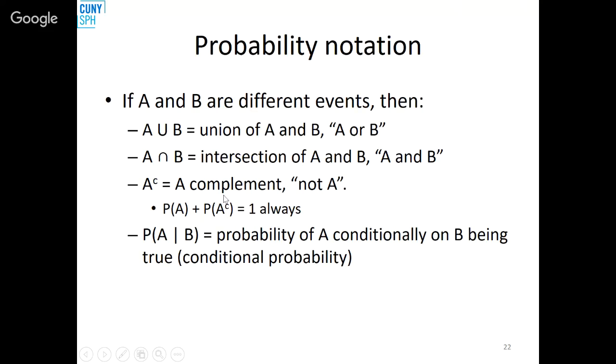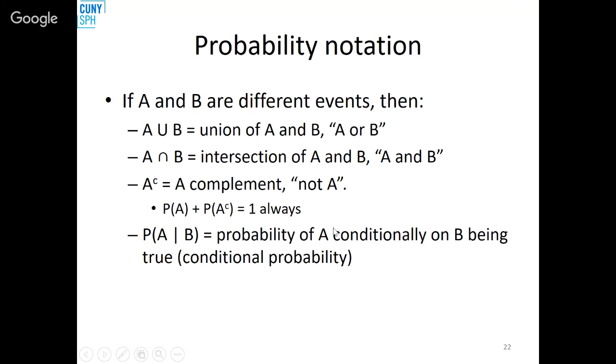And of course, the probability of something happening plus it not happening is always 1. So if you have the probability of something happening, then 1 minus that probability is the probability of it not happening. And finally, this is what we call conditional probability, which sounds scary, but we've been talking about it all along in this class.